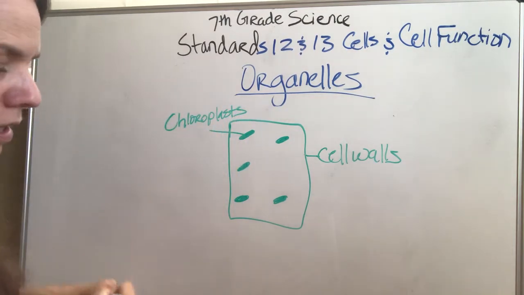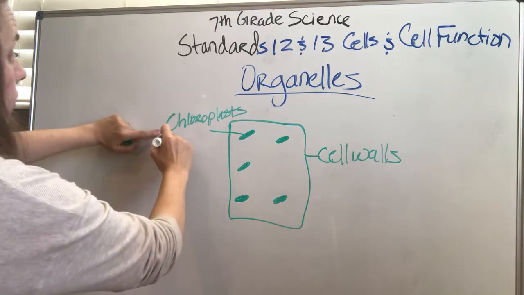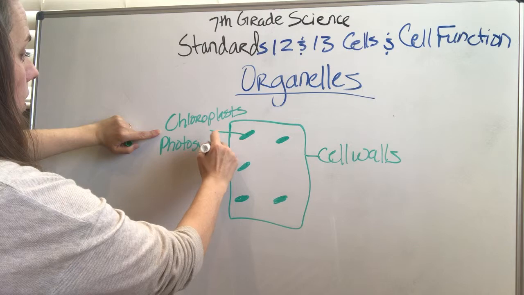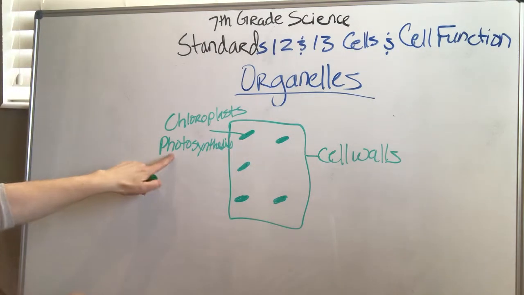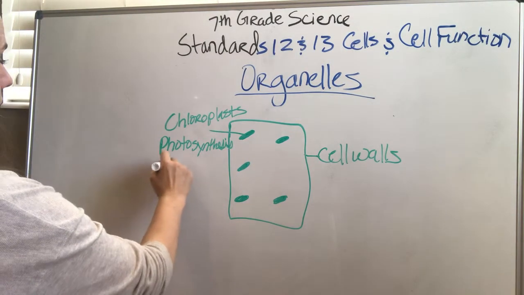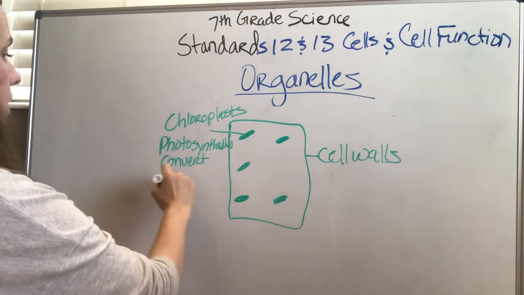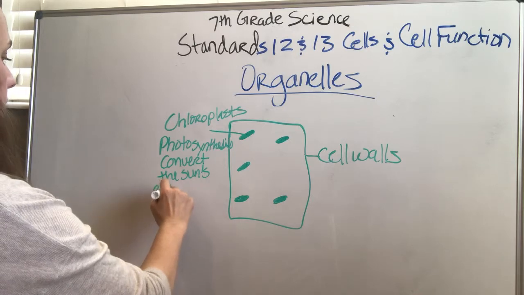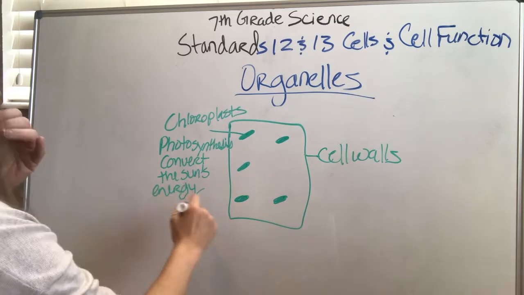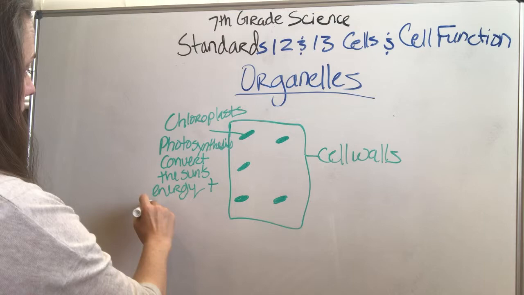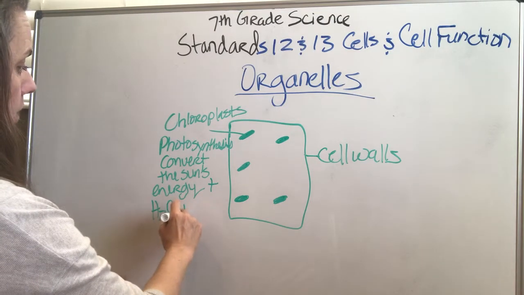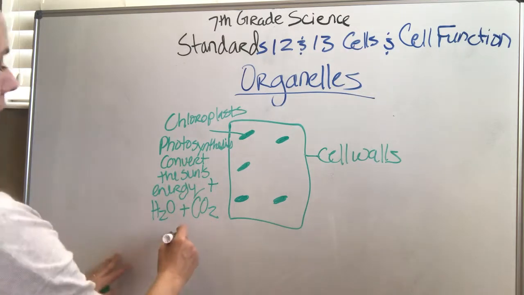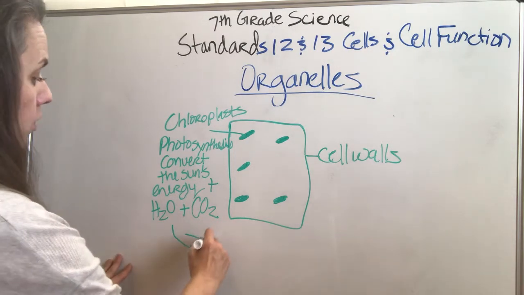So chloroplasts is where photosynthesis takes place. That's when they convert the sun's energy plus water, the water it gets, plus CO2 that it absorbs. All those things are used, and they make glucose out of it.